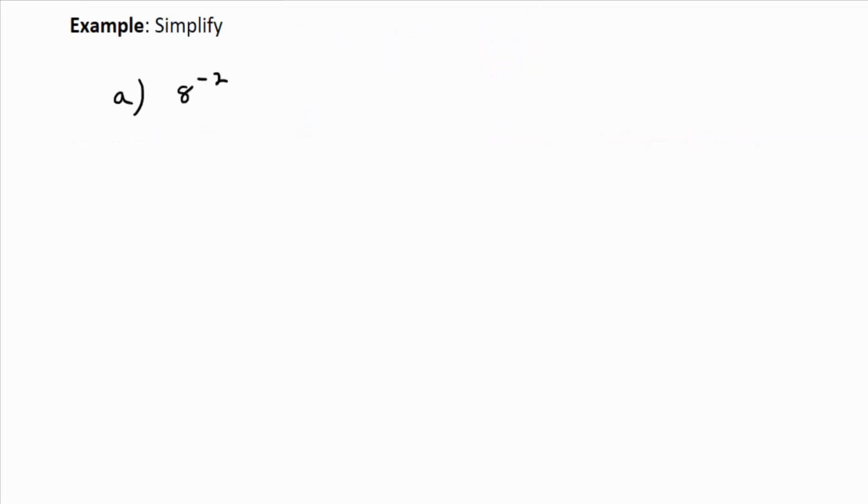Okay, so 8 to the negative 2, using just the definition of negative exponent, rewrite that for me. That's the same as 1 over 8 squared. Now, you don't need to write it this way, but I just want to point out, it's also the same as 1 over 8, the whole thing squared, isn't it? You don't need that for this problem, but it's handy to remember for other problems.